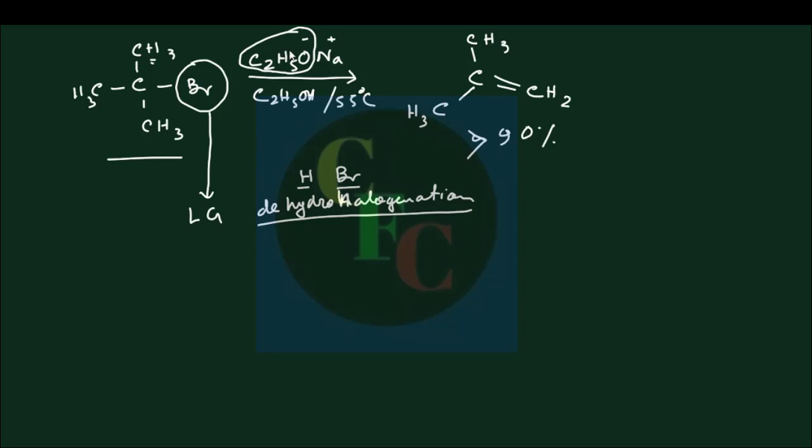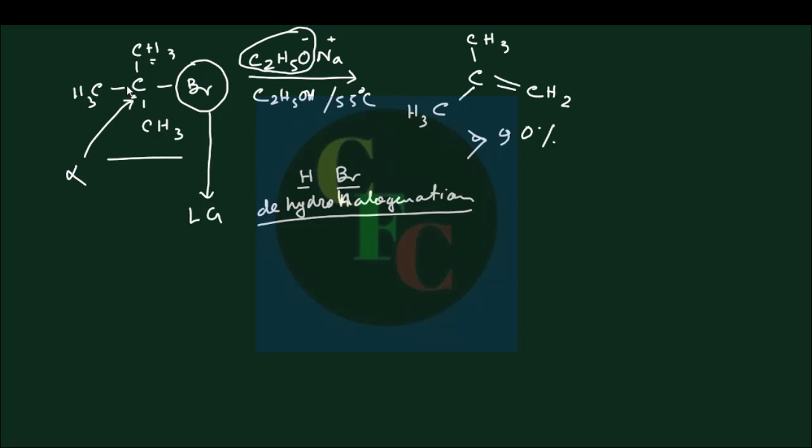But the products are different due to the strength of the base. If I draw this, the leaving group is attached to this carbon. We say that this carbon is the alpha carbon. The alpha carbon is the carbon to which the functional group, or in this case the leaving group, is attached.